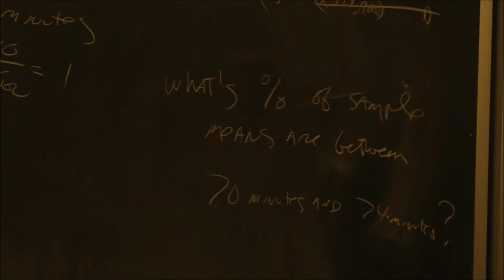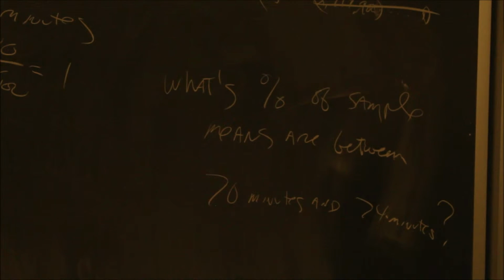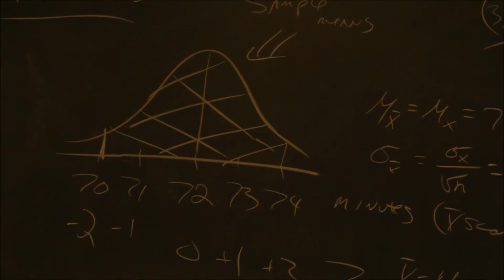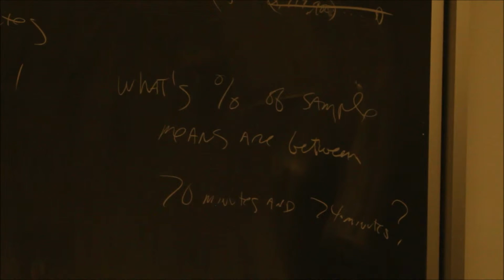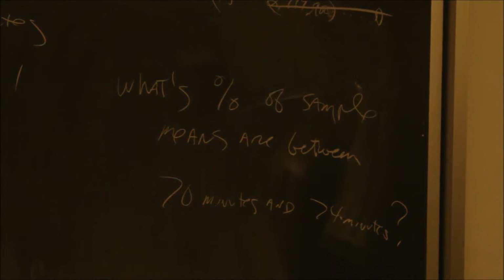Okay, so we're looking for the percentage between 70 minutes and 74 minutes. How do you find the area under the curve between 70 minutes and 74 minutes? Well, you already know it's between minus 2 and plus 2 on the Z scale, correct? So all you do is you go look up 2 on the Z scale.